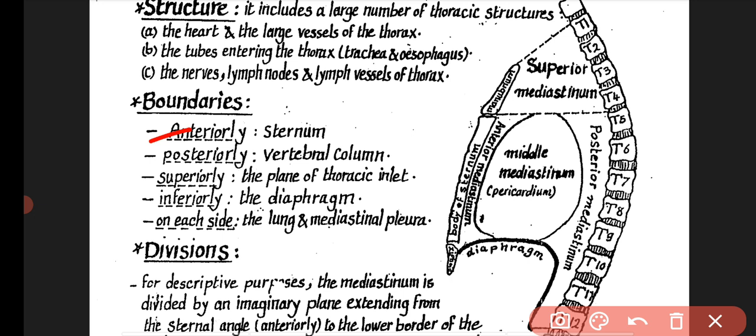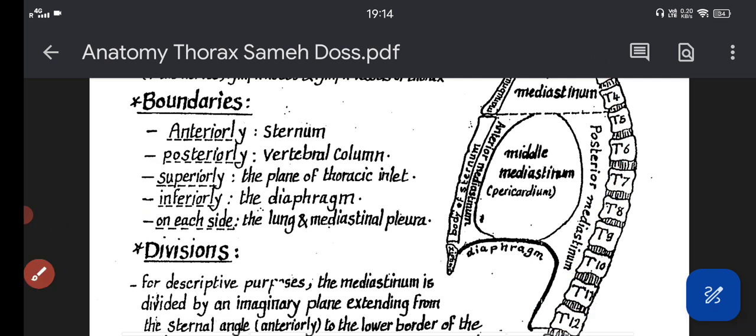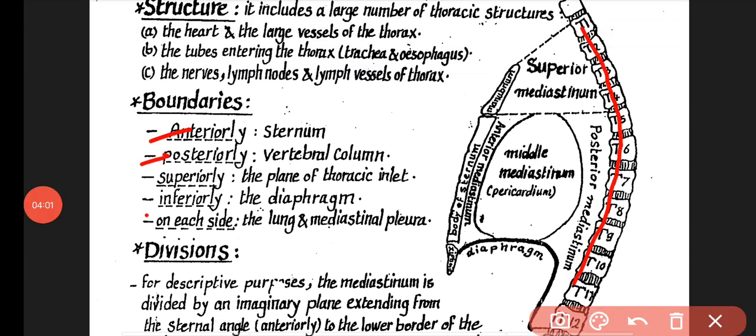Anteriorly it is the sternum, posteriorly is the vertebral column, and superiorly the plane of the thoracic inlet. Here is the thoracic inlet.